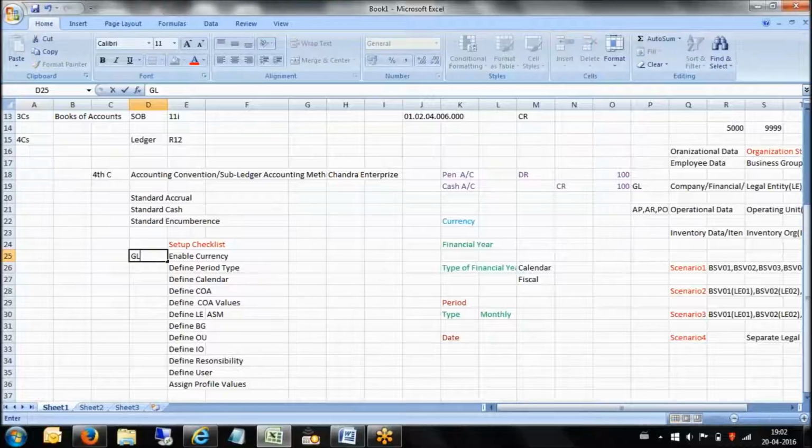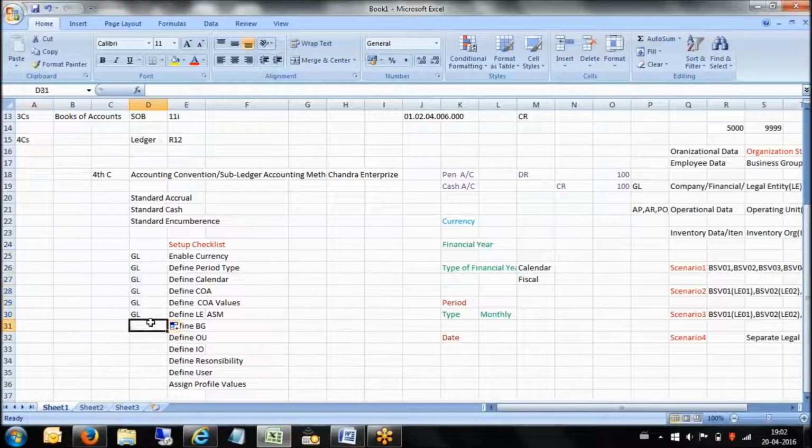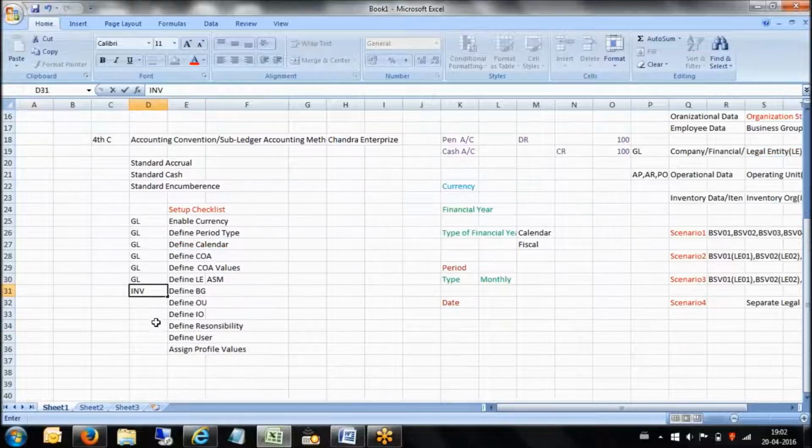This whole thing is done in GL, starting from here to this point. This is done in inventory module, or you can do it in HRMS module also. This is done in sysadmin.